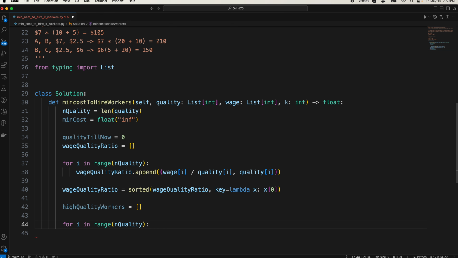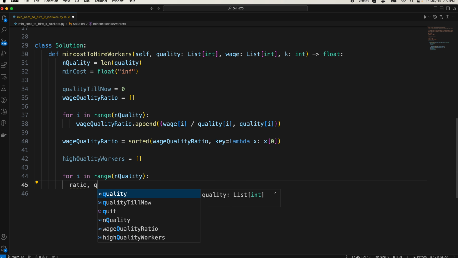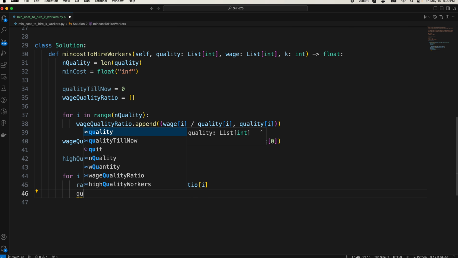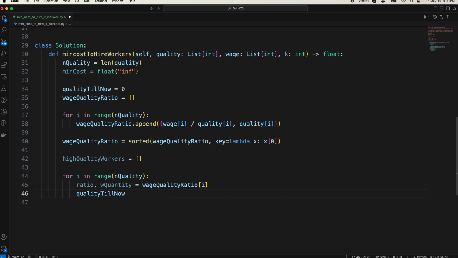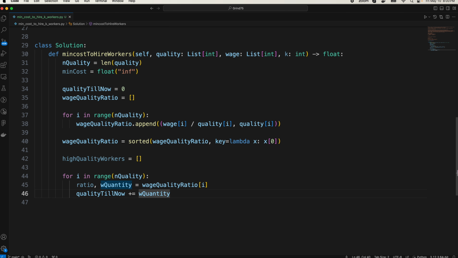We iterate over that, and we find the ratio and the worker quantity, that is the wage quality ratio at i, so that is the ratio and worker quality. And then we will add as we go.